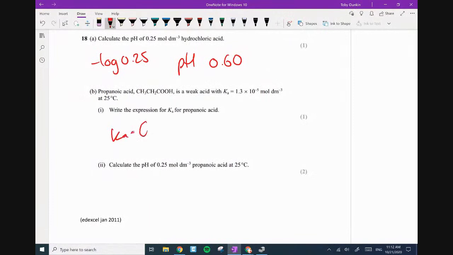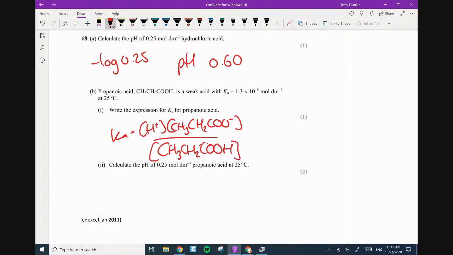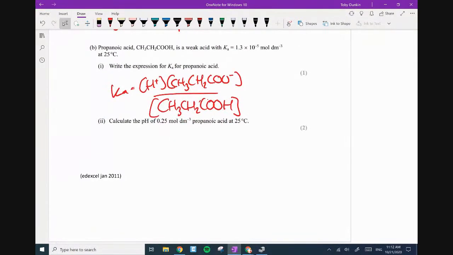Ka equals [H+][CH3CH2COO-] over [CH3CH2COOH]. Easily done. Students, by the way, at that point tend to write down the ethanoic acid one just by habit, because that's the one that comes up most frequently. Just like what I've done just then. Nightmare. There we go.